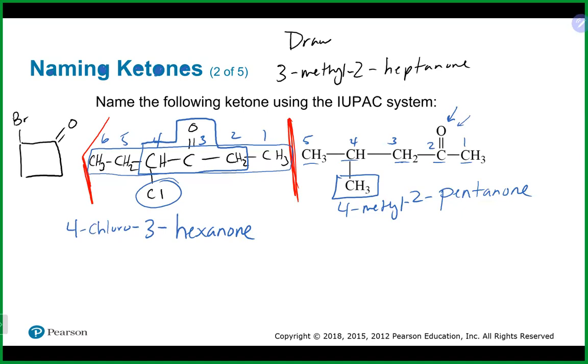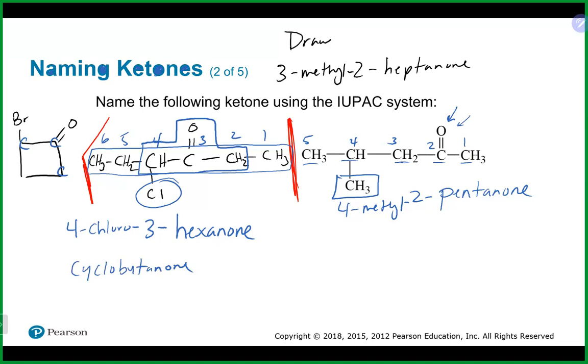Lastly here, we've got a little cycloalkane with our ketone group. Once again, that's a carbon, carbon, carbon, so that is your 3 carbons in a row with the double bonded oxygen in the middle, which means that is 4 carbons total. So that is cyclobutanone, O-N-E, based off of cyclobutane, obviously.